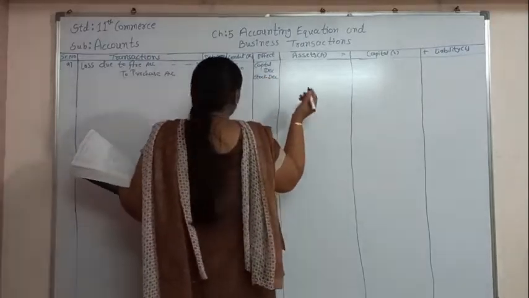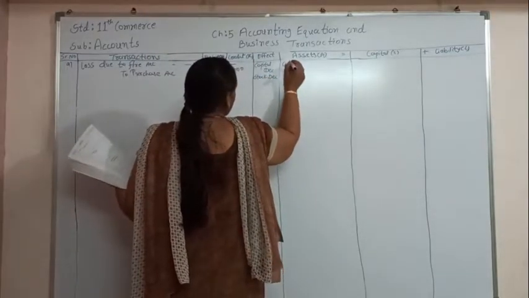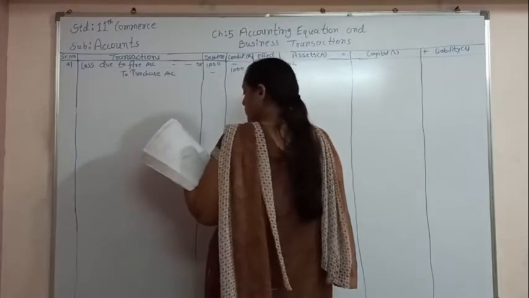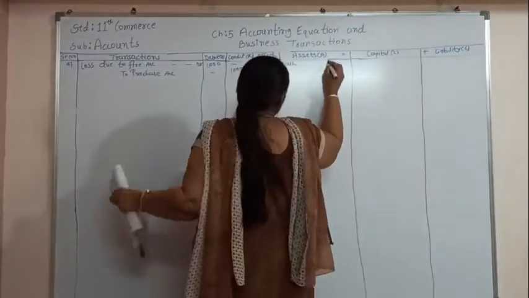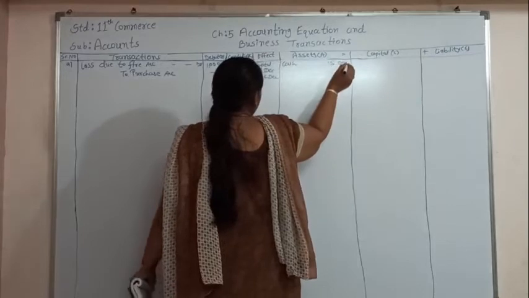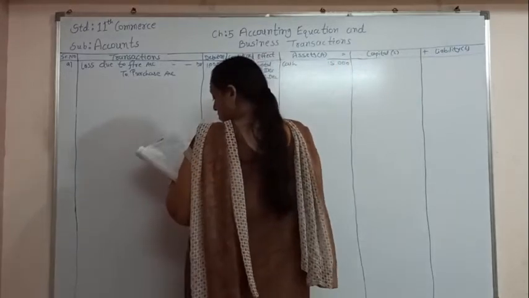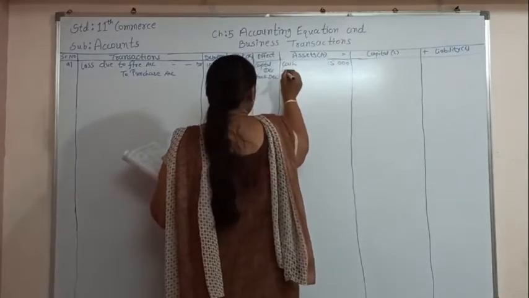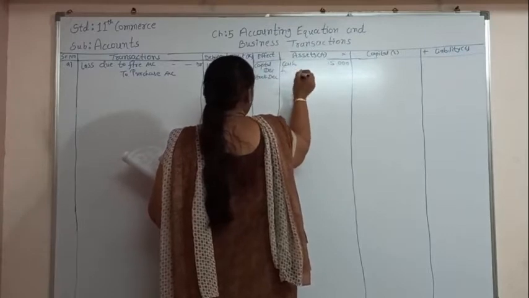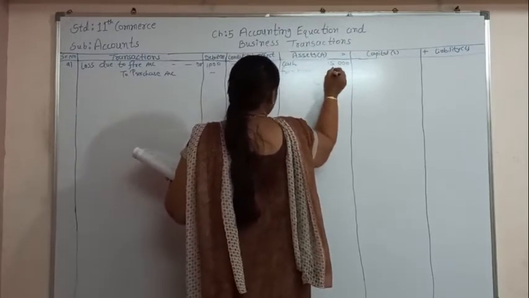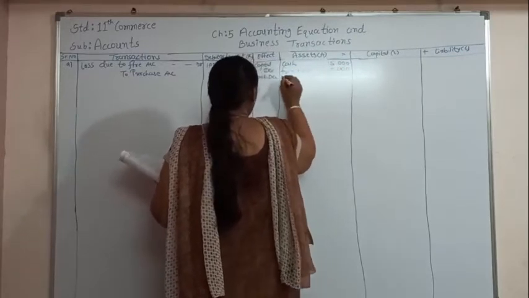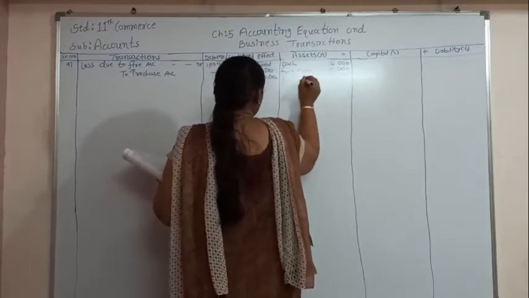And here cash is going to be continuing, and cash was 15,000. Then furniture was of 10,000. Then bank balance 5,000.